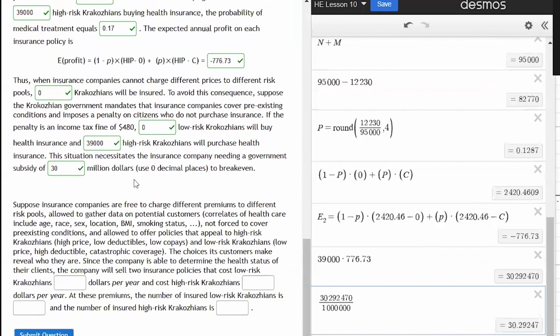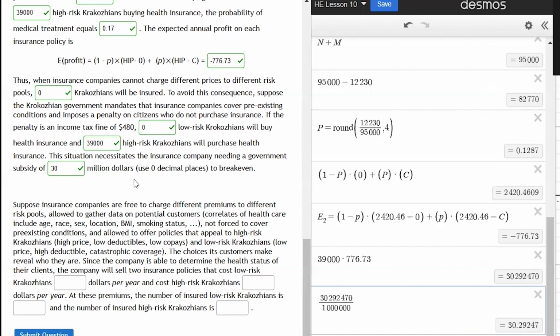Suppose insurance companies are free to charge different premiums to different risk pools, allowed to gather data on potential customers, data like correlates of healthcare that include age, race, sex, location, body mass index, smoking status, etc., and are not forced to cover pre-existing conditions, and allowed to offer policies that appeal to high-risk Caucasians, like high price, low deductibles, low copays, and to low-risk Caucasians, like low price, high deductible, catastrophic coverage.